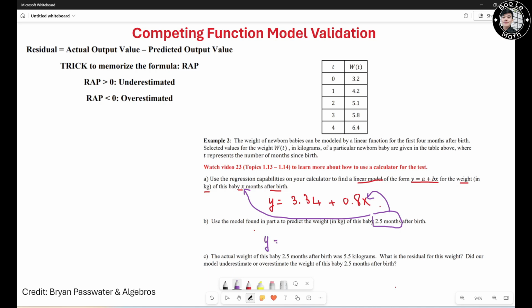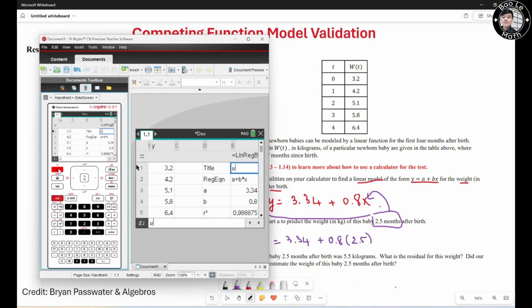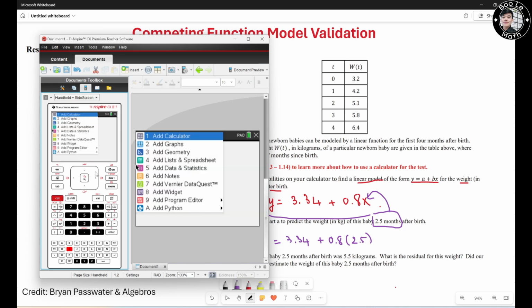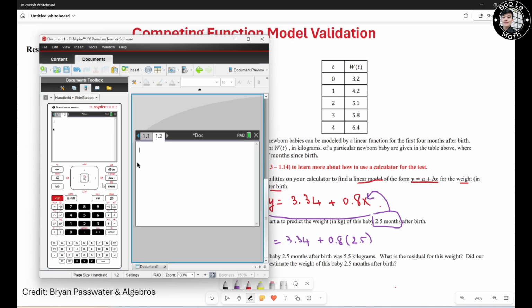So Y equals 3.34 plus 0.8 times 2.5. Now you bring up the calculator. Hit Control I. Add calculator right here. So you hit F1.